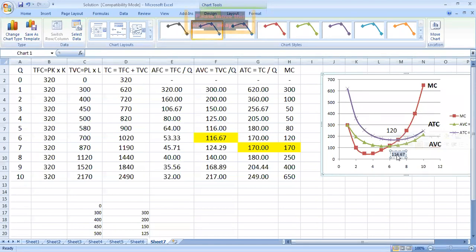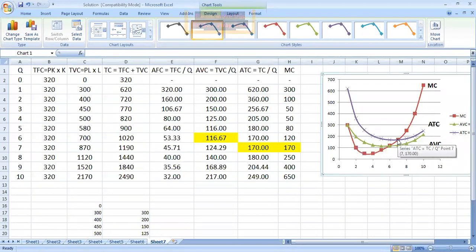But I'll be making another table, within which I'm going to show you that both are equal, right? Before the minimum points, average total cost is greater than average variable cost, and average variable cost is greater than marginal cost.